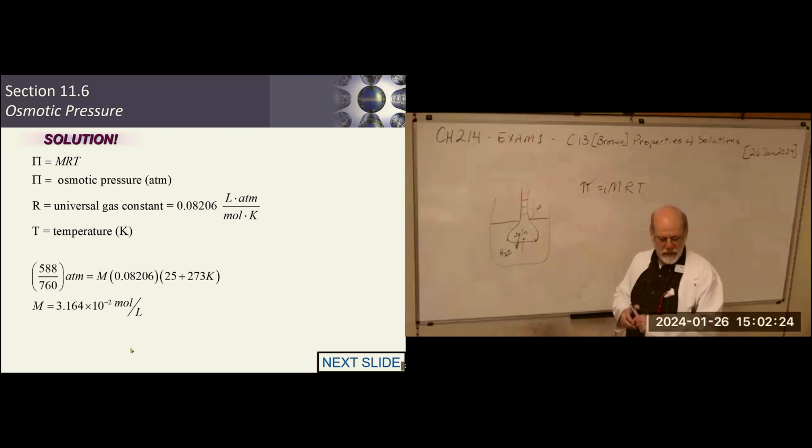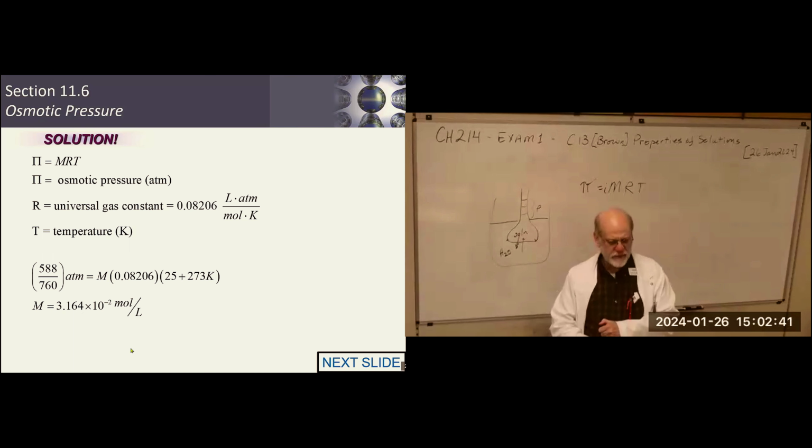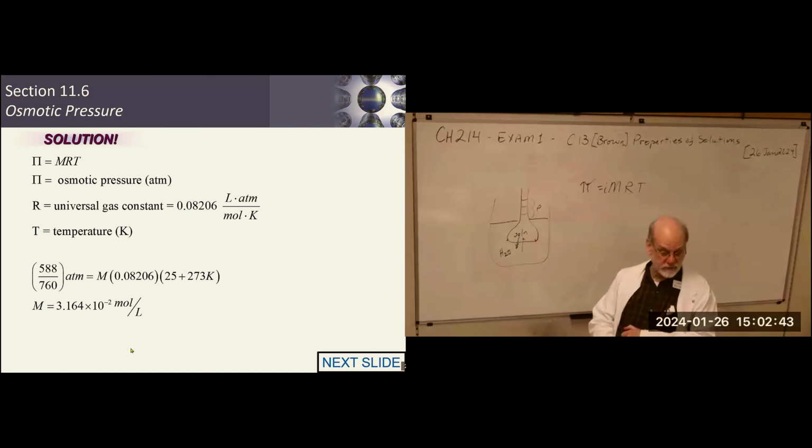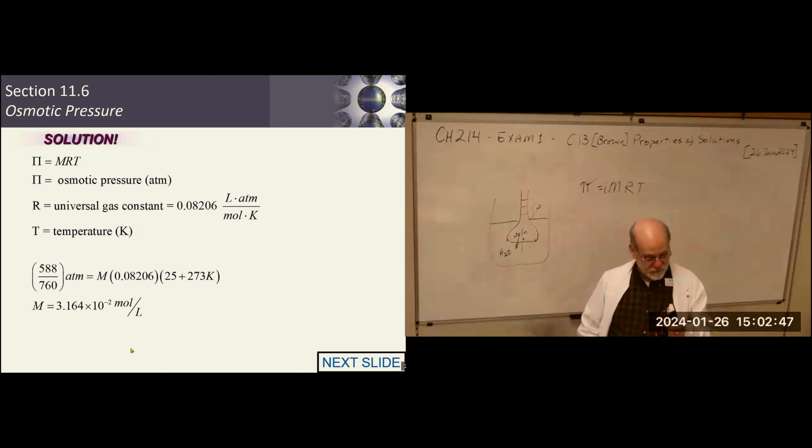Okay, so our universal gas constant is 0.08206 because it has pressure in it, atmospheres. It has moles per liter, which is molarity. And then the temperature is canceled out in the calculation. So we need pressure in atmospheres.